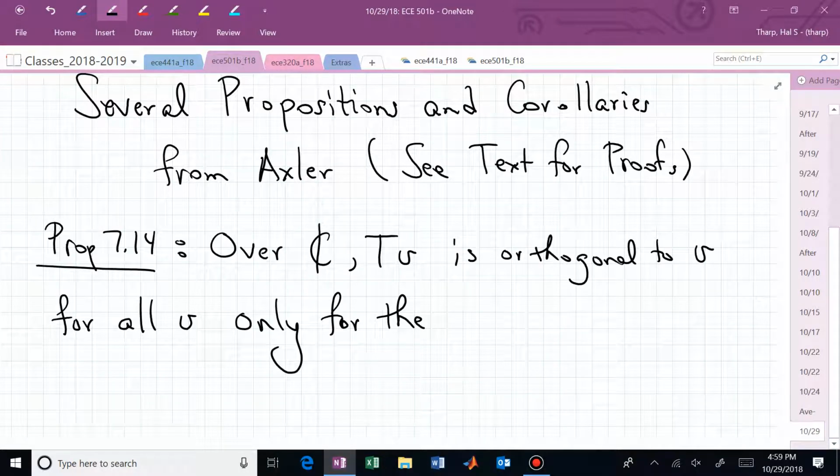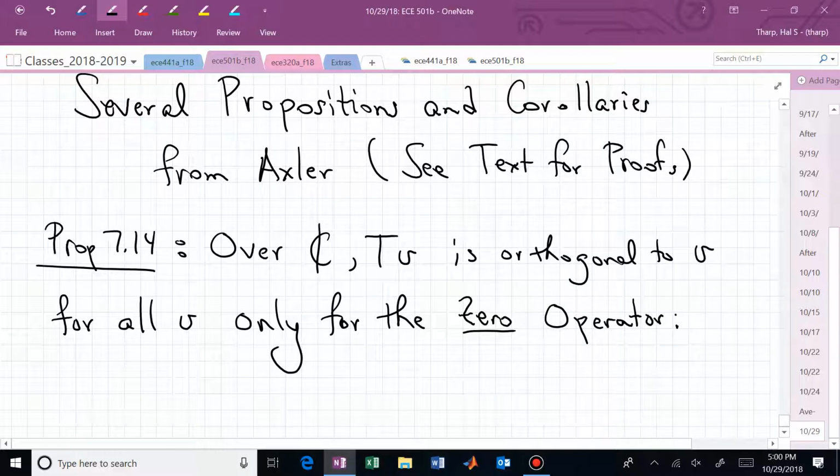So now we need TV to really give us the 0 vector, and the way to get the 0 vector from a map is to have the 0 map. So now over the complex field, TV is orthogonal to V for all V only for the 0 operator.